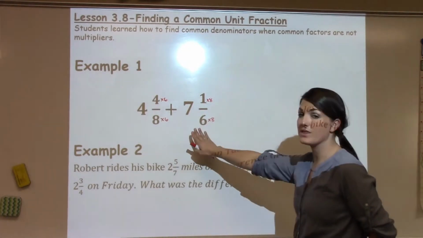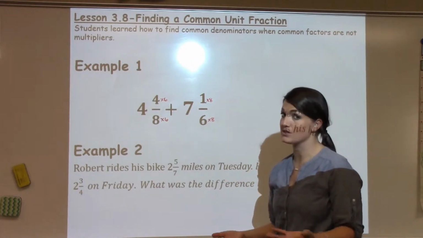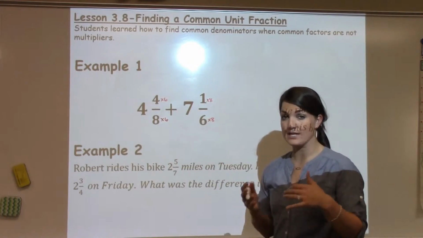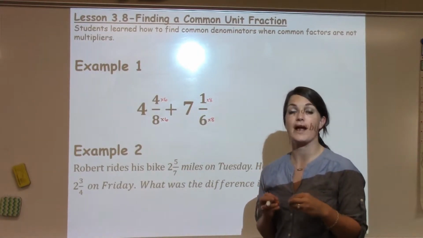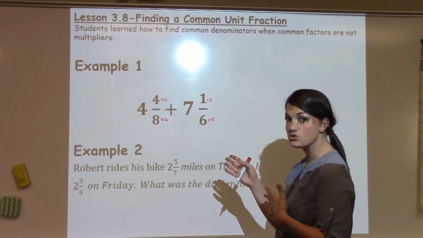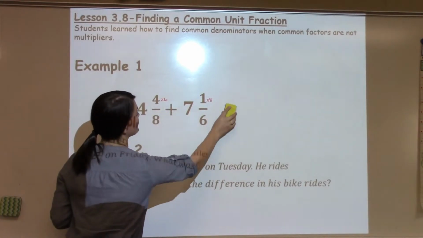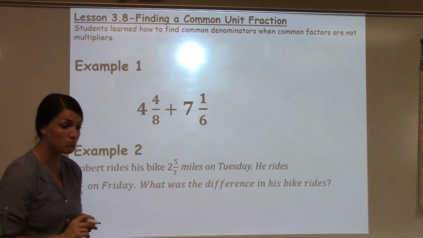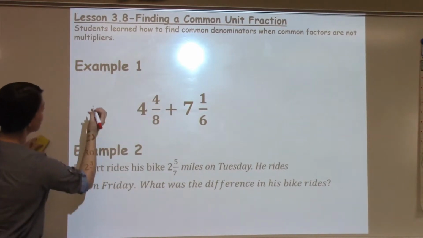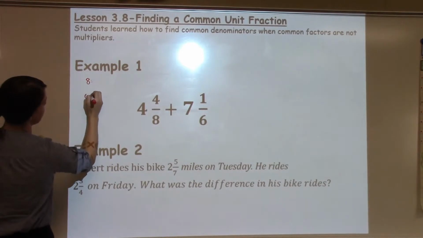Now, the tricky part with this strategy is that you're going to get sometimes larger denominators than you actually need. And in 6th grade, we always want to reduce down and simplify to the smallest fraction possible. So instead of using this strategy, a more efficient strategy would be to think about what is the least common multiple. So to find the least common multiple, I'm going to list out my multiples of 8 and list out my multiples of 6.